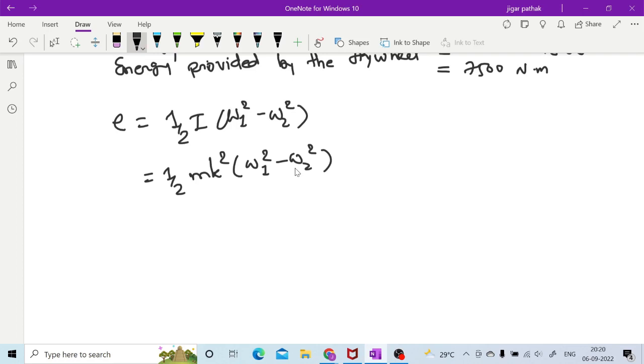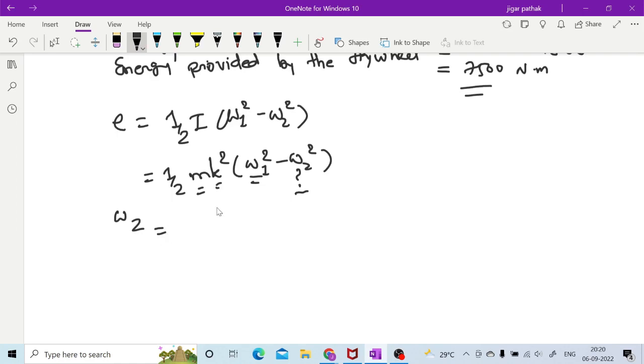We are going for the basic equation: E is equal to 1/2 I omega 1 square minus 1/2 I omega 2 square. From this you can calculate omega 2, because you have E, omega 1 you have calculated, and m and k both are provided. So can you calculate and tell me omega 2?